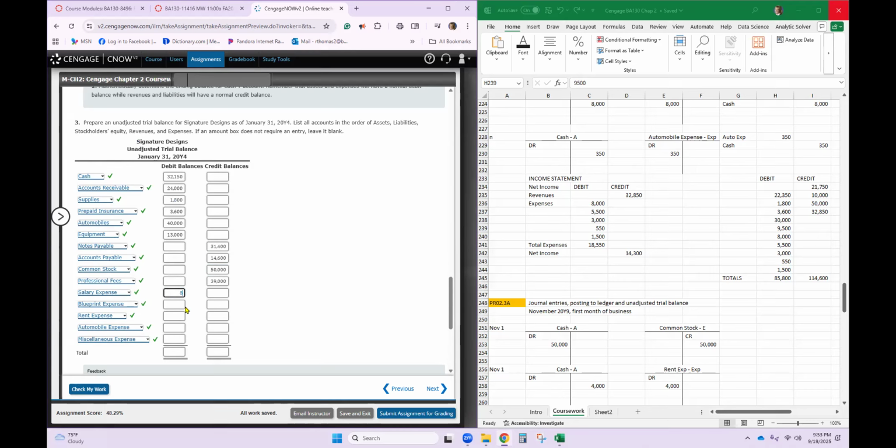So we have 8,000. Blueprint expense 6,600. Rent expense 4,000. Okay, automobile expense, and then 1,500.